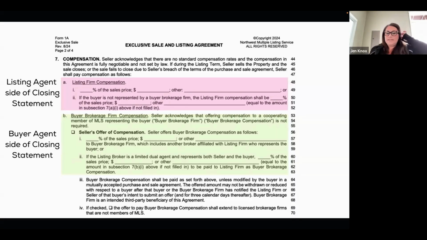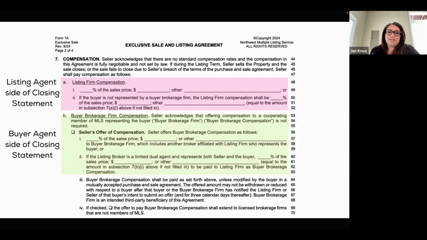But an example would be, say I want $10,000 to be offered to a buyer's agent and $10,000 for the listing agent. Now, if left alone, it would be just like it has been in our past. You would get the $10,000 to represent the buyer, and you'd get the $10,000 to represent the seller if you were a limited dual agent.